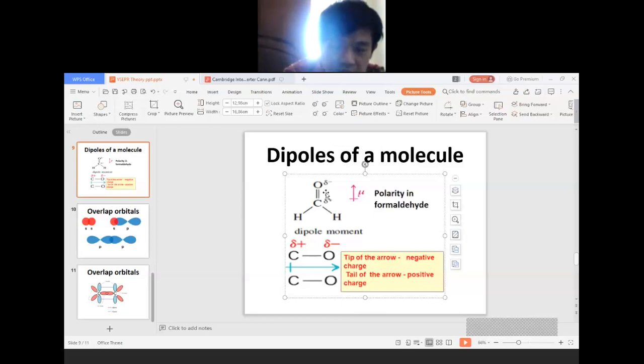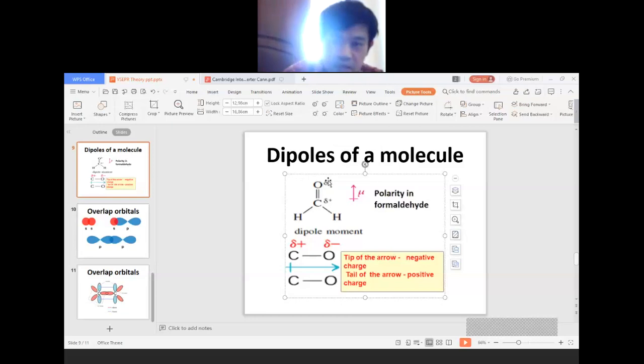Oxygen is very electronegative compared to carbon. Carbon is slightly more electronegative than hydrogen. Because of the difference in the electronegativity, we have to draw the symbol delta. This delta stands for dipole.